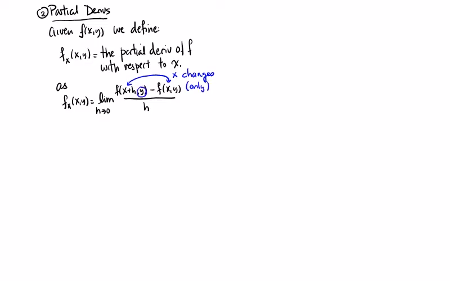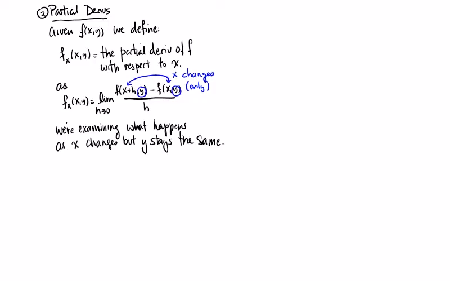I have a y here and a y here. Those are the same, right? So what we're essentially saying here is we're examining what happens as x changes but y doesn't. So we're examining what happens as x changes but y stays the same.